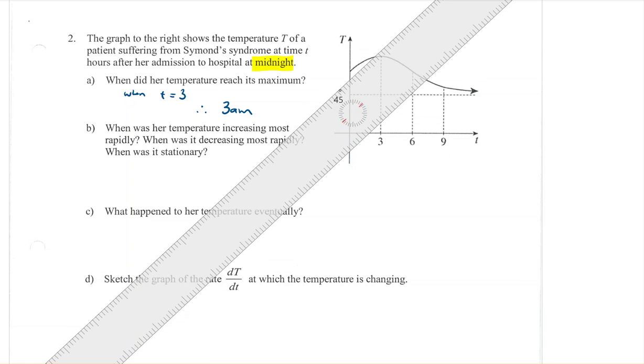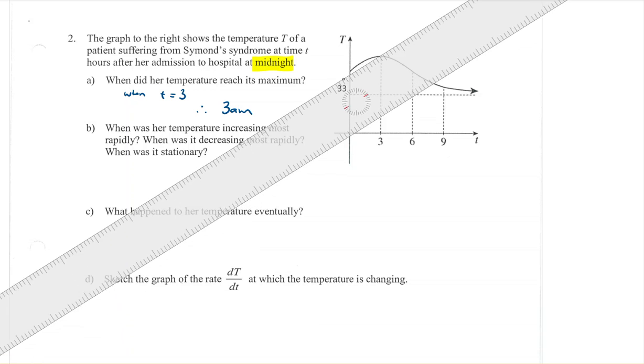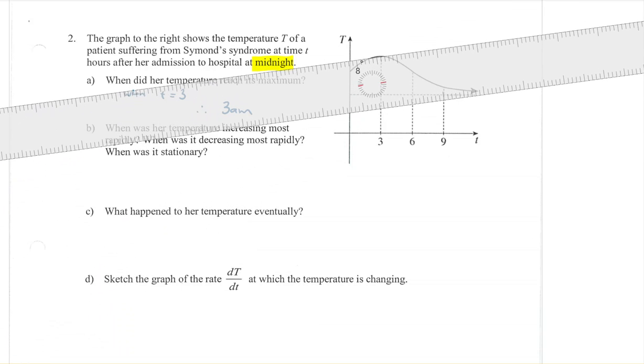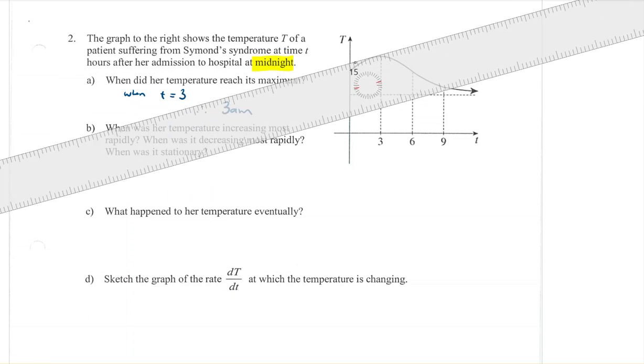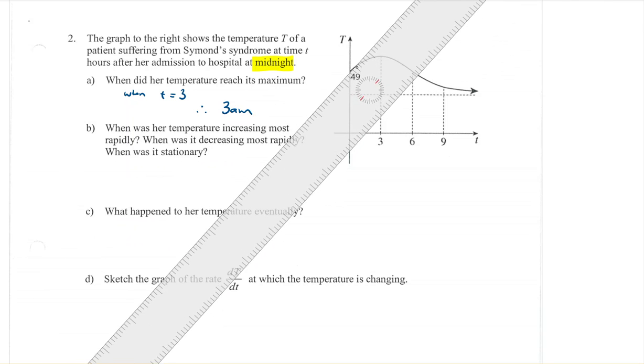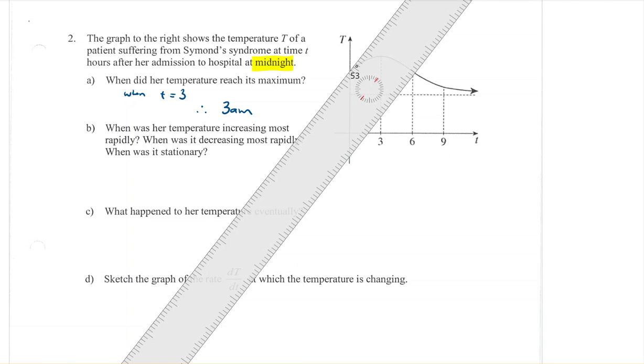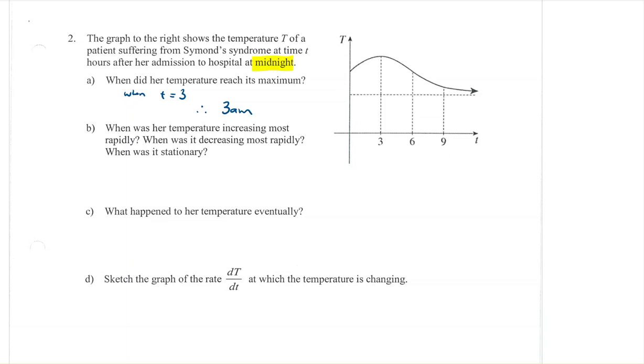I just want to know on this side of the graph, where is it the steepest? As I come up to that turning point, it's actually getting shallower and shallower, isn't it? So it's going to be the steepest right back here at the start. So her temperature is increasing the most when time equals 0.